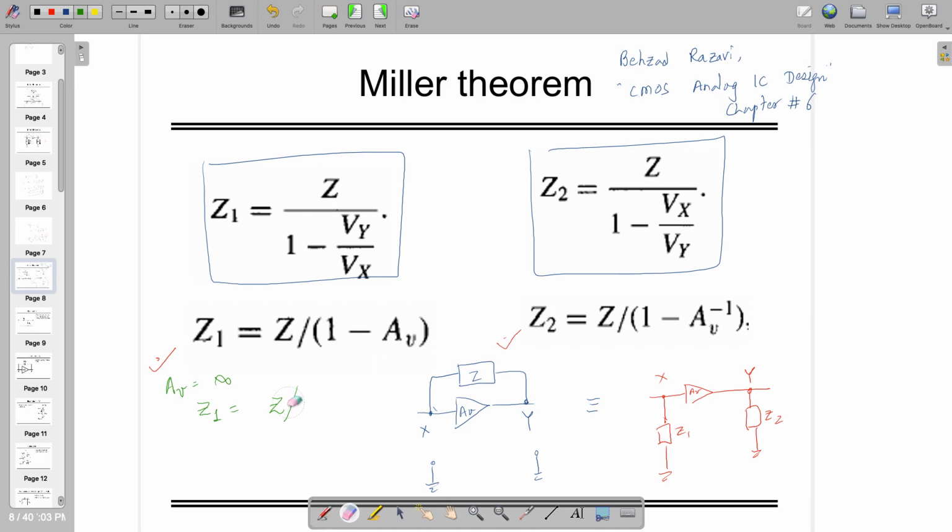So it's infinity, and the whole thing might be 0 if AV is equal to infinity. And Z2 becomes Z, because this term goes to 0. These are also important observations. We are going to use them maybe at a later stage. Okay, very nice.